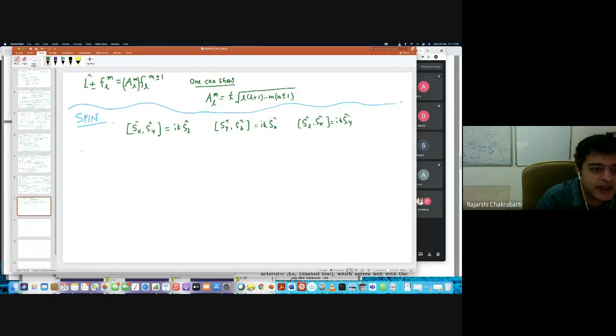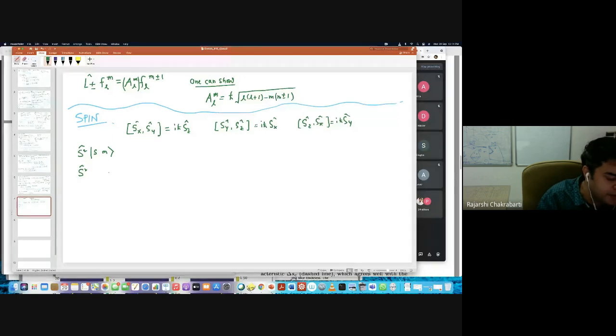Okay. Now I can write S square operating on |s m>. Are you okay with this notation? I did that in the last class, but you have not used this notation. What notation had I used?